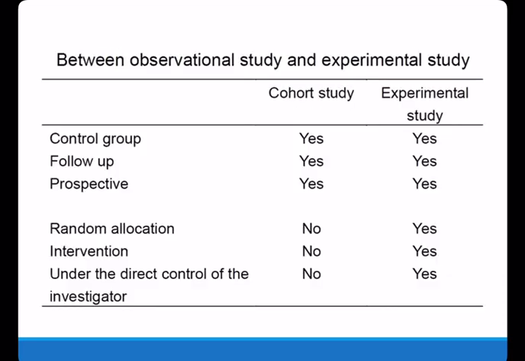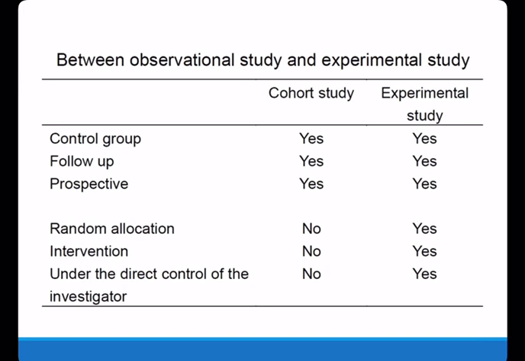So here's a detailed comparison. For the cohort study and experimental study, both of them have a control group, both of them follow up until the outcome occurs, and both of them are prospective studies. However, the groups in the cohort study are not randomly allocated, while in experimental studies, the groups are randomly allocated to the experimental group and the control group.